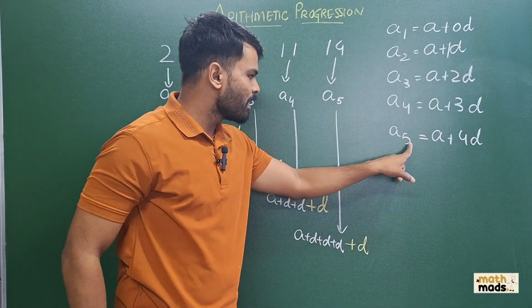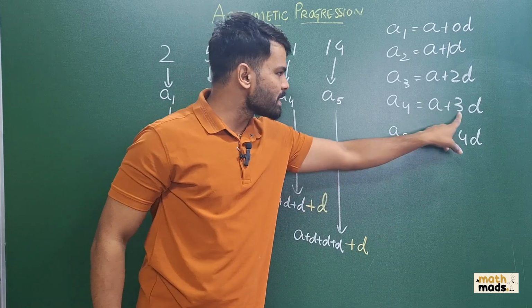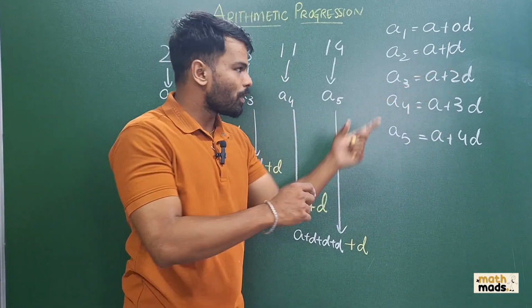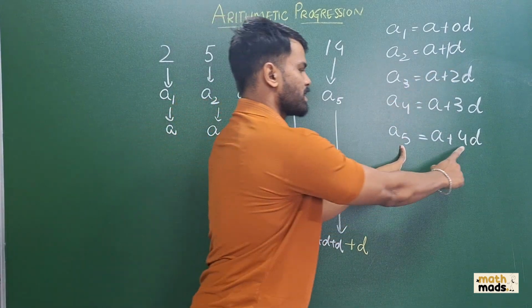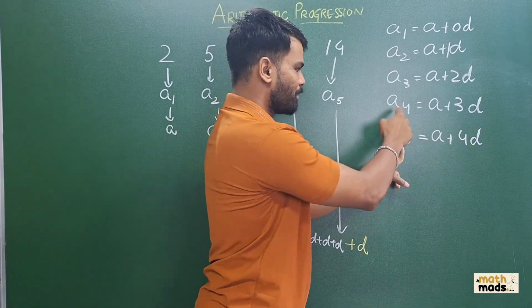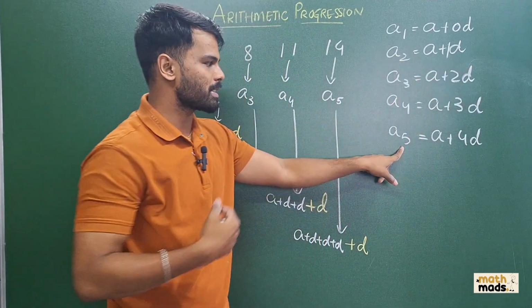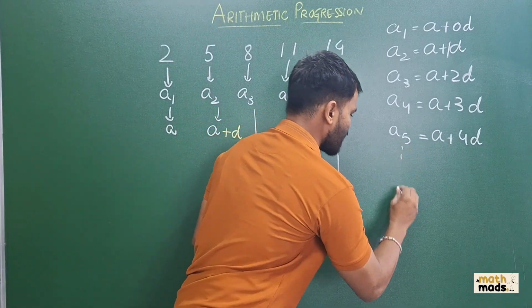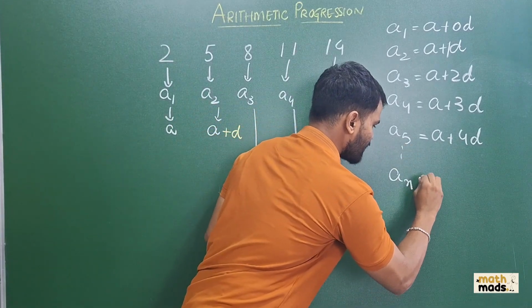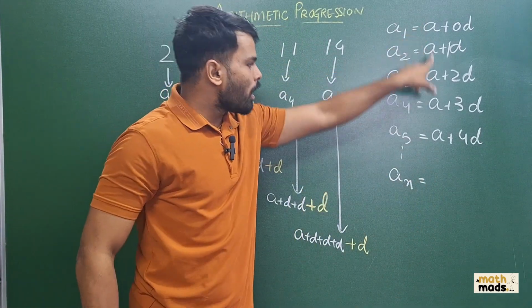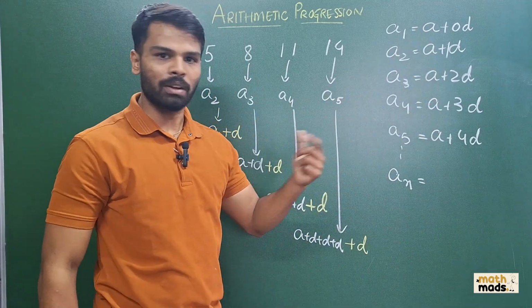See, 5 means 4 is there, 4 means 3, 3 means 2, 2 means 1. So, for each number written here, this is nothing but the previous number. 4 means 3 is the previous number, 3 means 2 is the previous number, 2 means 1 is the previous number. So, now let me write n here. an is equal to, in all the terms a is there as it is, you don't have to change it.